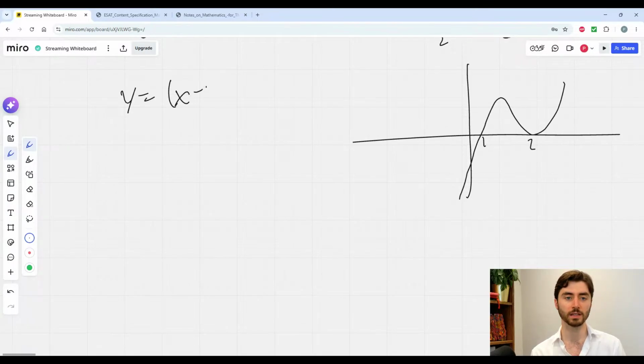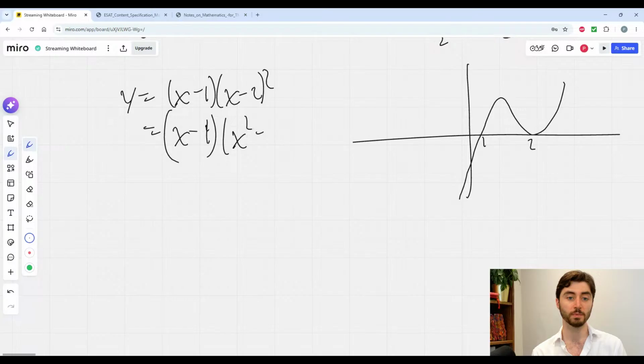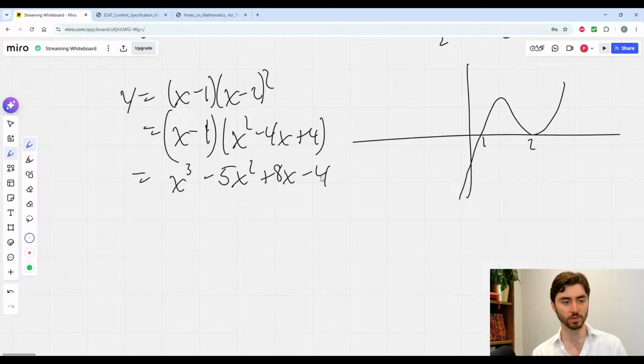So let's say that was x minus 1, x minus 2 squared. Expand that out. And your expanding out should get very, very fluent by the time you actually sit the ESAT. So x cubed minus 5x squared. Yeah, it is just changing those two signs. Cool.